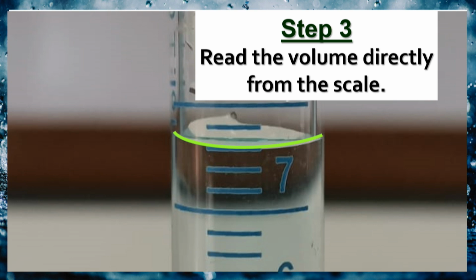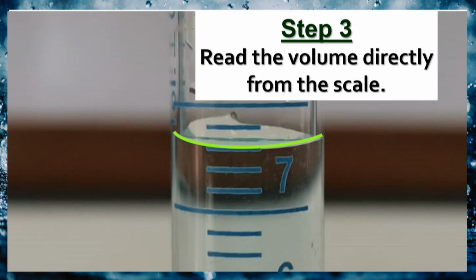If you have trouble seeing the meniscus, try holding a black card against the opposite side of the cylinder at the same height as the water. The volume of liquid is obtained by direct reading at the center of the meniscus.